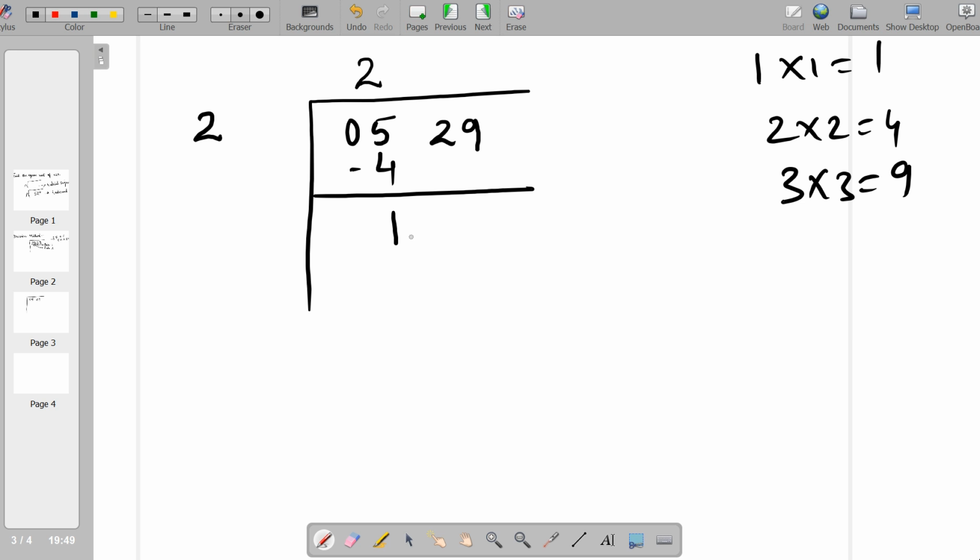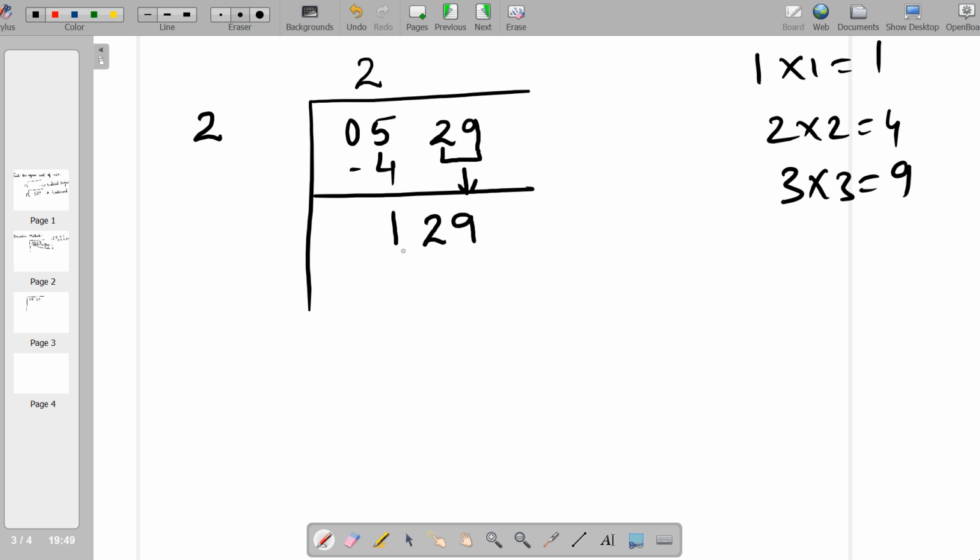Please pay attention to this step. After subtraction, whatever difference is there, you will write it down here. Since we have considered two digits in a group, we will drop the whole group downwards. That means this 29 altogether will be written here.